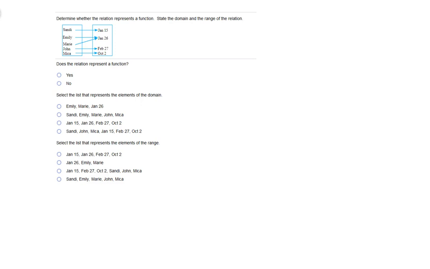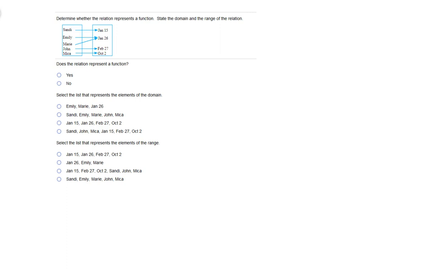The next example says, determine whether the relation represents a function. State the domain and range of the relation. So the relation is this picture right here. It's showing us a relationship between these names and these dates. So what we need to know is the definition of a function.